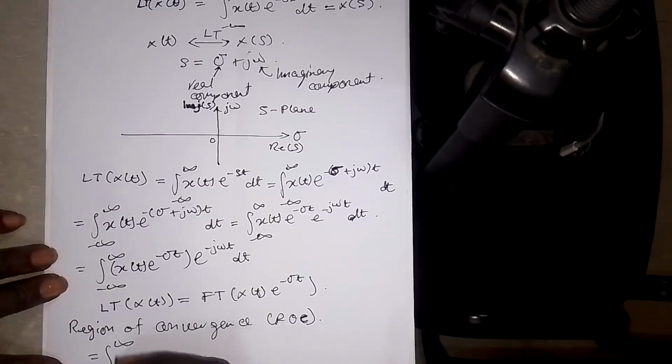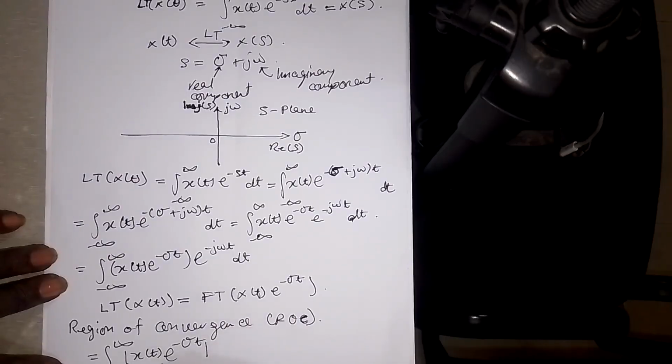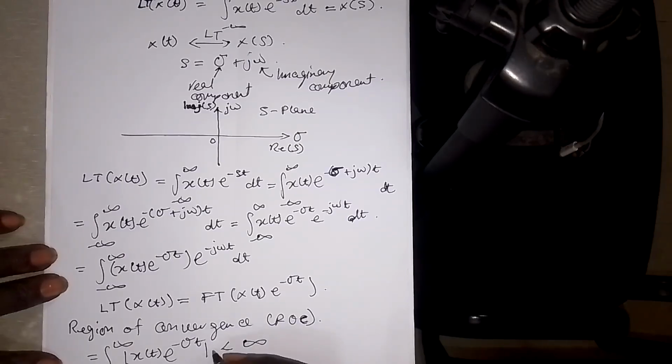It should obey the integral of x of t times the real component. This is the real component, and you take the absolute value of it. The integral should be less than infinity, with respect to dt.